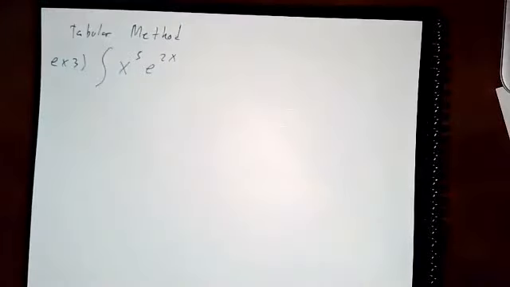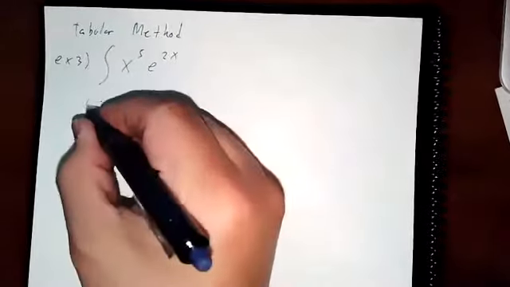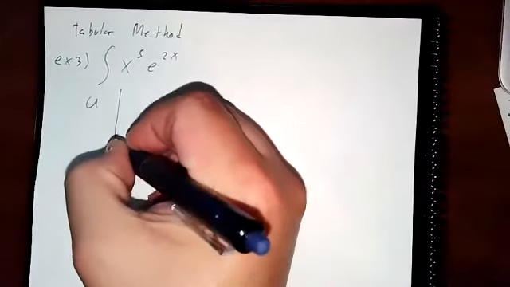So that means we'd have to do by parts like 3 or 4 times, which is not fun. So this is the tabular method, so we can avoid that nonsense.